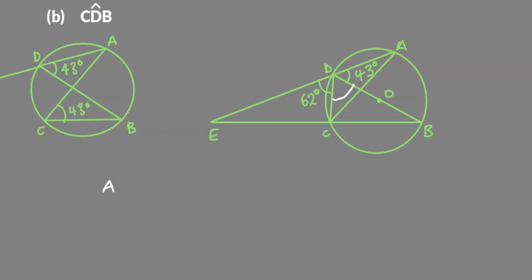Therefore, ADB plus CDB plus CDE are going to give us 180 degrees. Remember, since these angles add up to 180, you hear them in mathematics being referred to as supplementary angles.